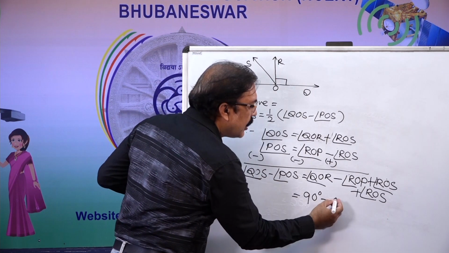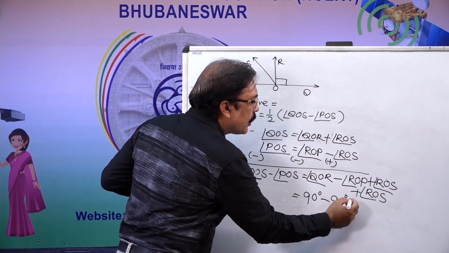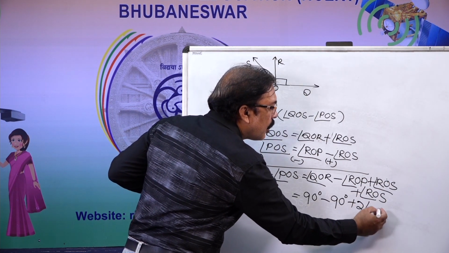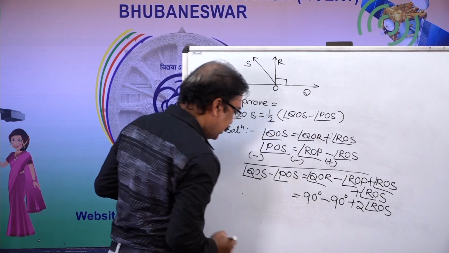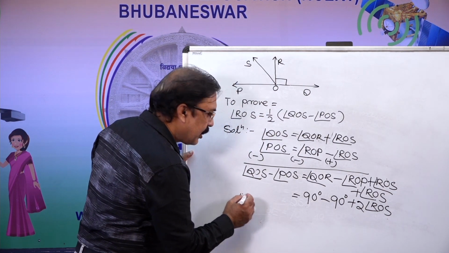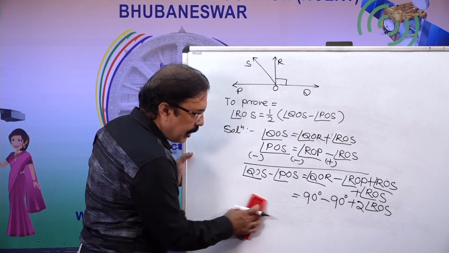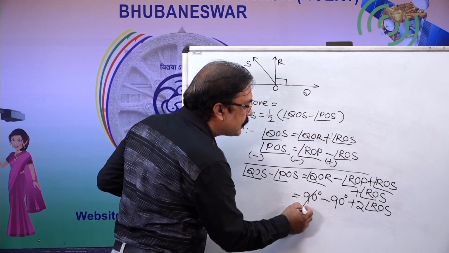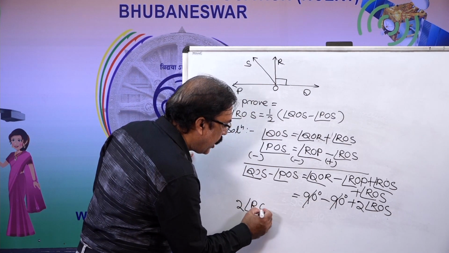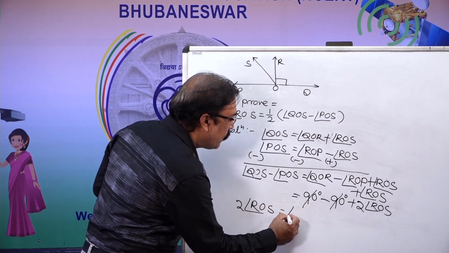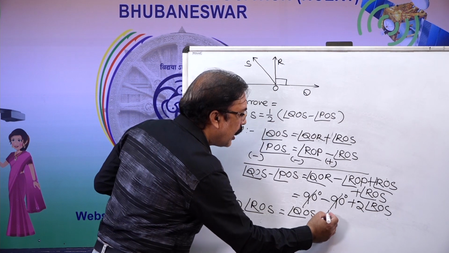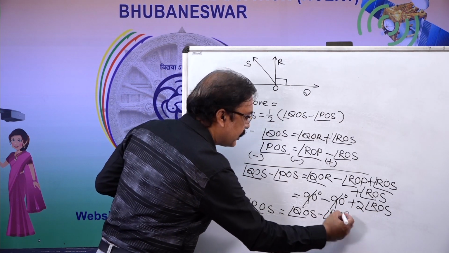So ROP is again 90 degree plus 2 ROS. Now you see, 90 degree minus 90 degree cancelled. So 2 angle ROS is equal to angle QOS minus angle POS.